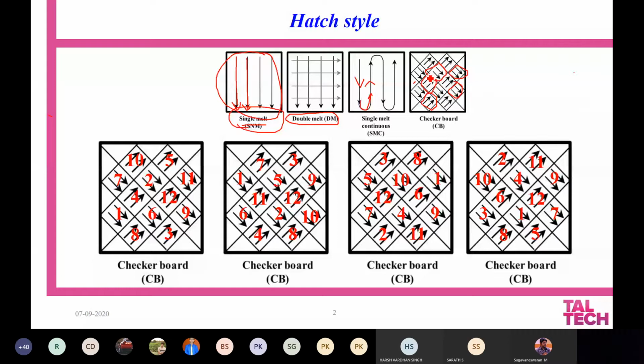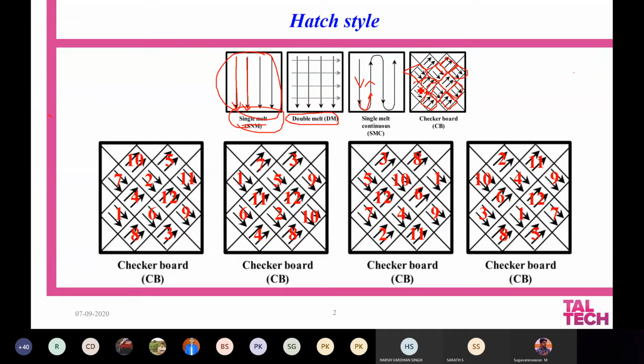You try to make it in such a way that you don't melt two islands adjacent to each other at the same time. This is because if you melt two adjacent islands at the same time, it will be more like the single melt hatch strategy and there will be no difference in terms of certain properties.